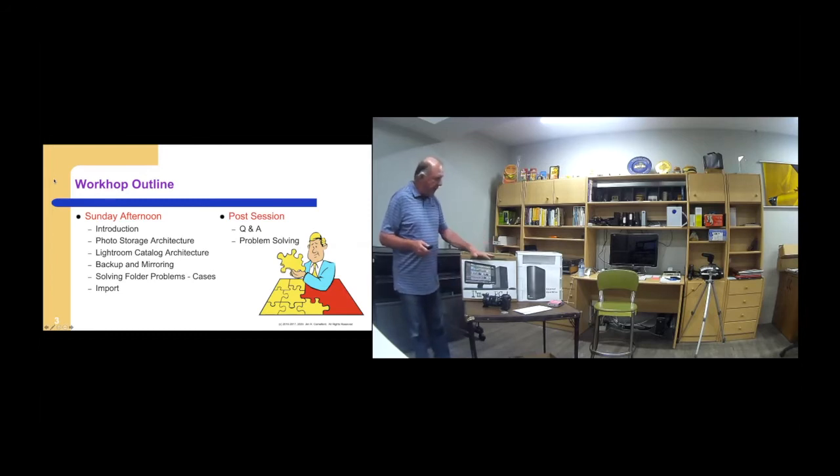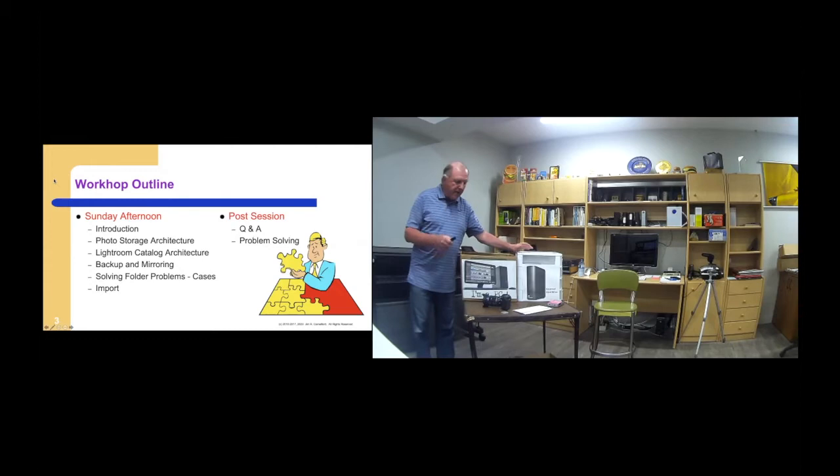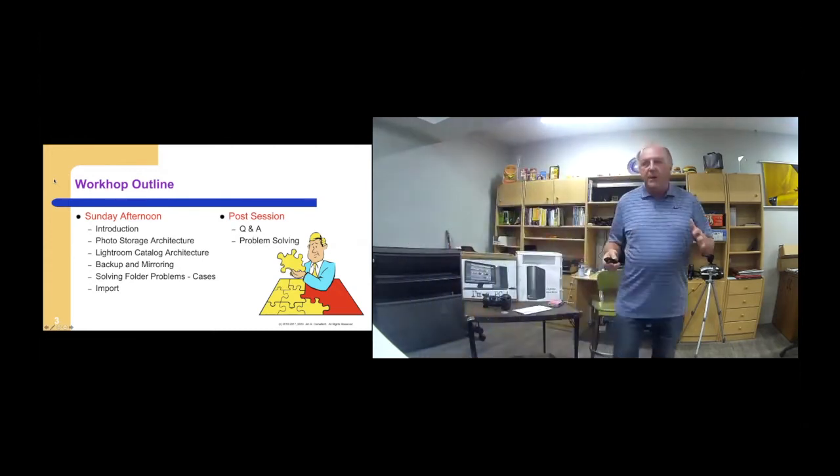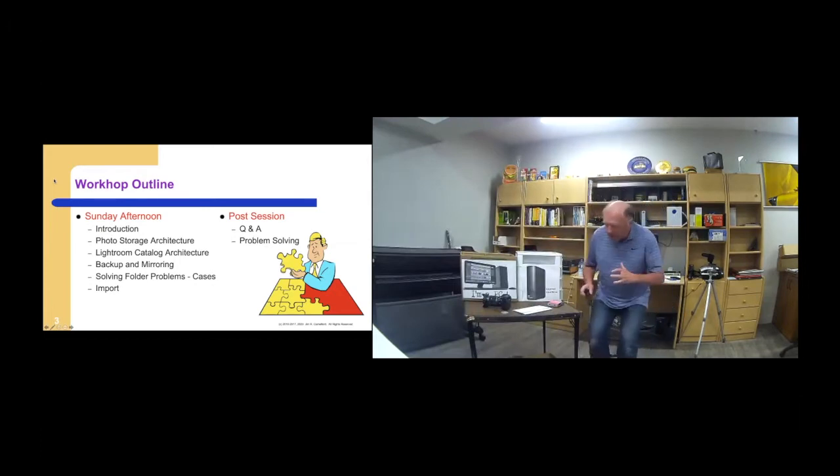So I brought a Mac, I brought a hard drive, I brought some external hard drives, brought lots of things to actually demonstrate this. Now, how I'm actually doing this is a little bit different. I'm doing this off my Mac laptop, and I don't have 8 drives plugged into my Mac laptop.